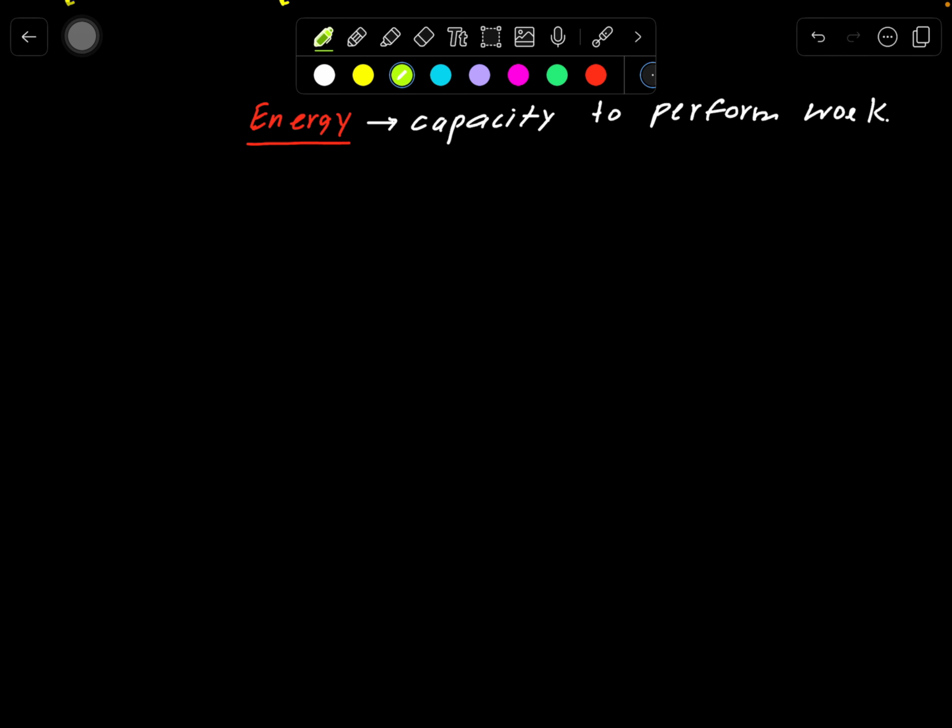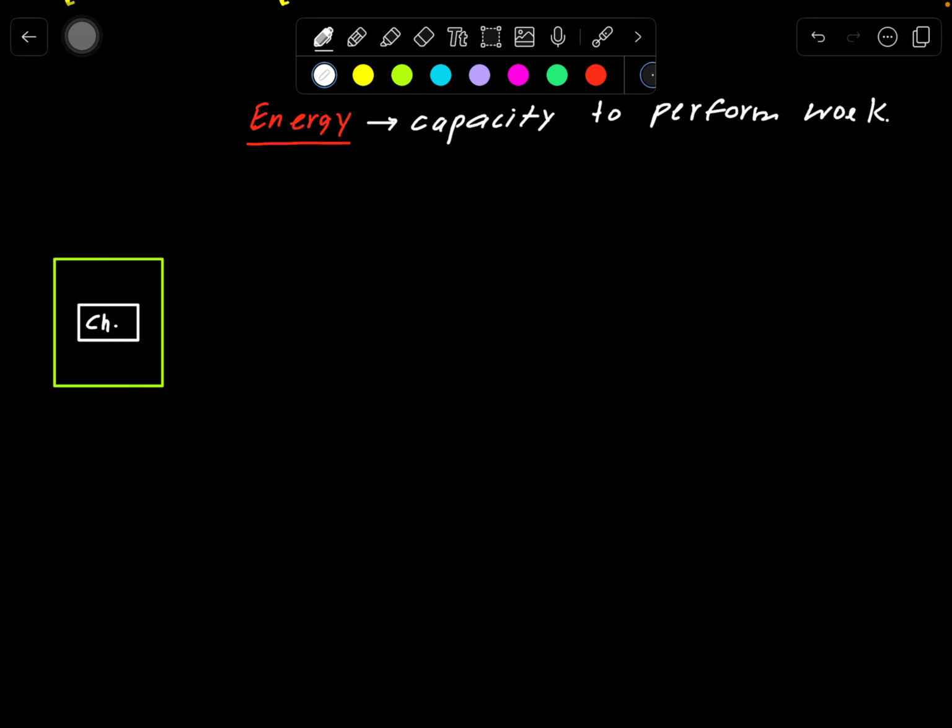So if you have a plant and that plant has made some food using the process of photosynthesis, which is a chemical reaction, then that plant has a store of chemical energy. I'm using, let's say, white to represent a store. So this is simply a store of chemical energy.